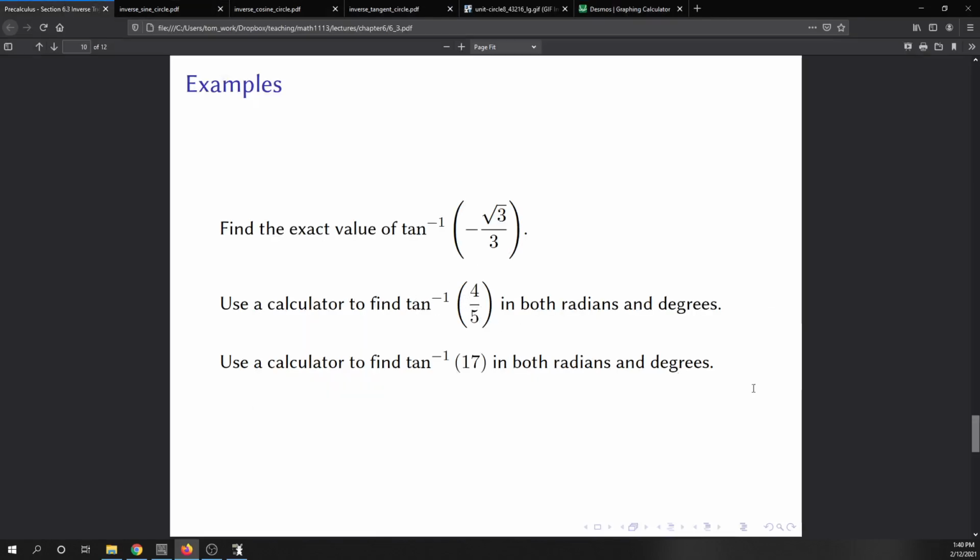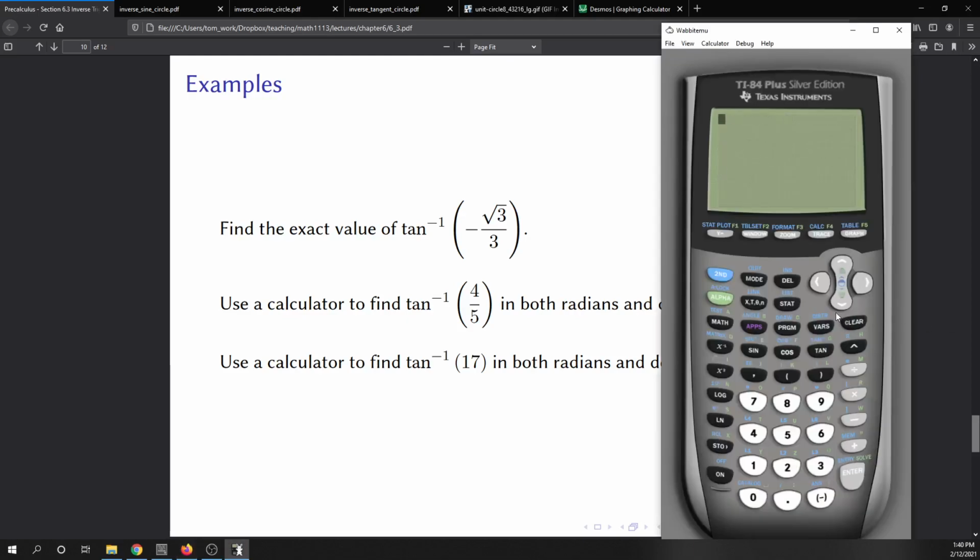Let's do tan inverse of 4/5. So that would be, let's just again check the mode we're in. Let's do radian mode first. And so you would do inverse tan of 4/5. That's in radians.